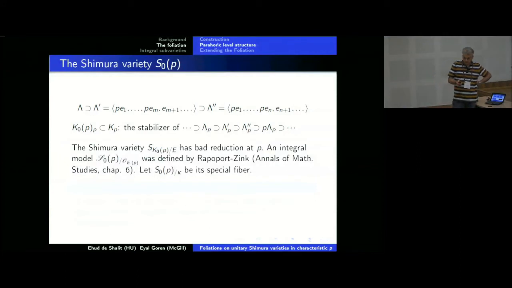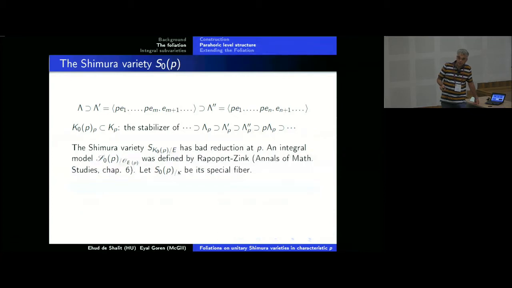And for this, remember that lambda was our lattice O_E to the power n plus m. And the Hermitian form had a very specific shape with this matrix that I described at the beginning in blocks. So I take lambda prime to be the lattice inside lambda generated by pe_1 up to pe_m, and then I take the rest as they were.